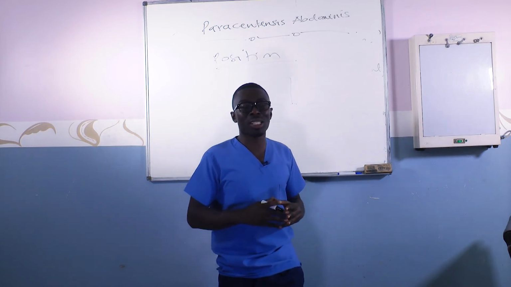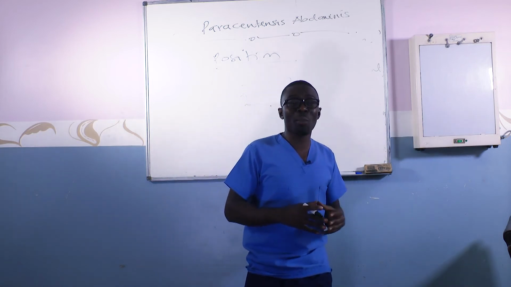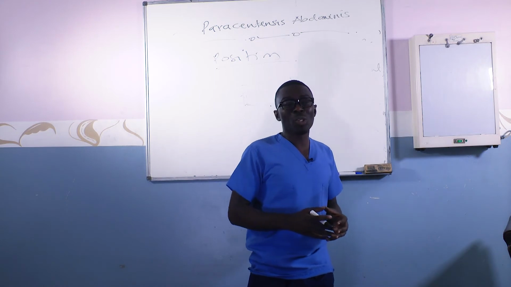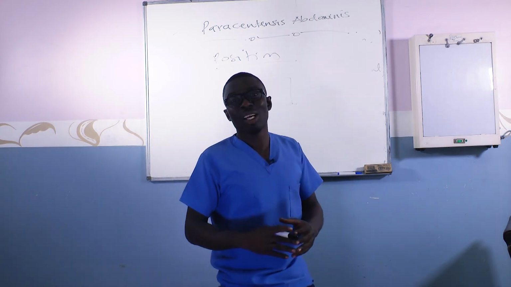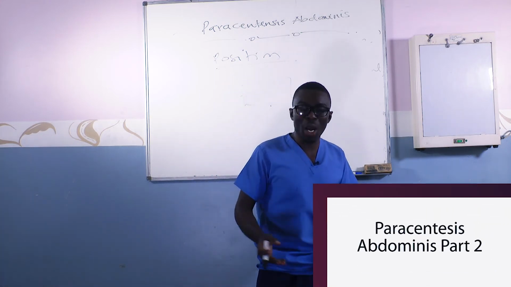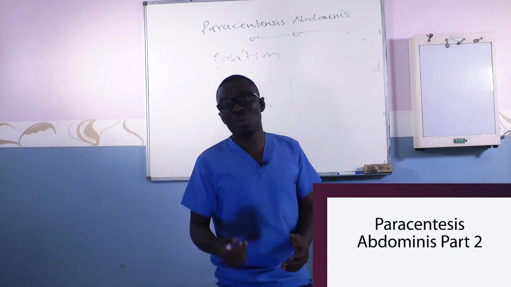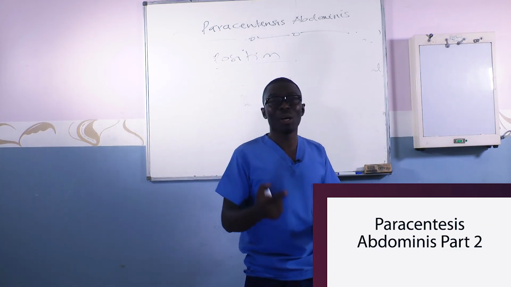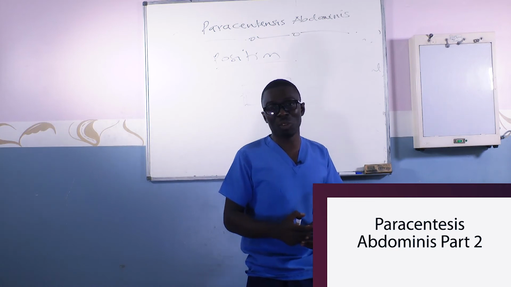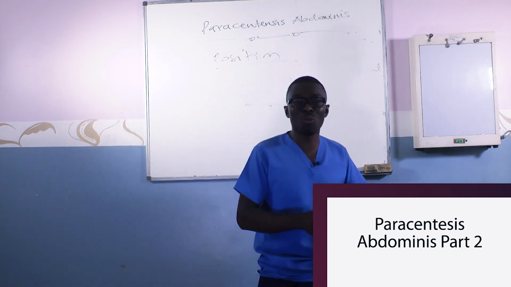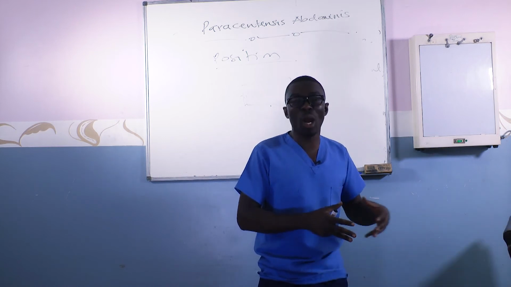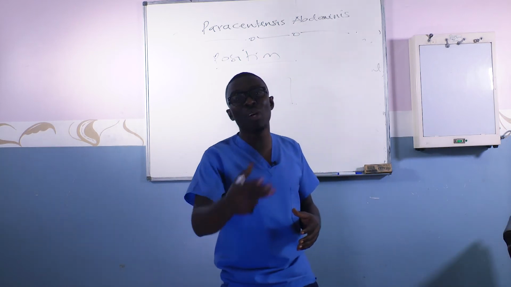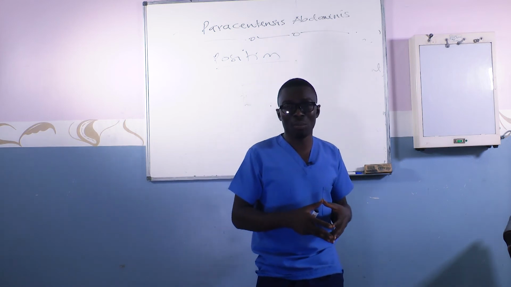Then we also said that it is very important to allow the patient to void. Why? Because of the location of the bladder, if the urinary bladder is full and we are not careful, we might puncture the bladder in the course of doing paracentesis abdominis. Hence, it is very important to allow the patient to void or to empty the urinary bladder to prevent accidental puncturing of the bladder.